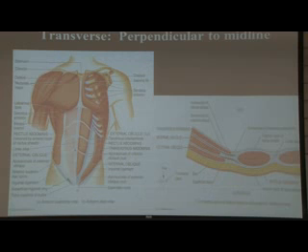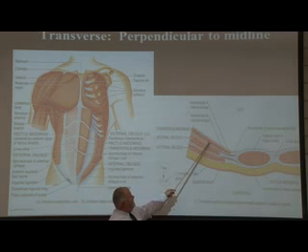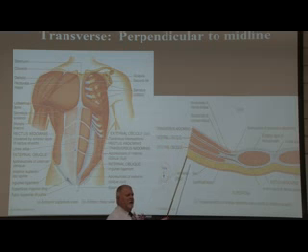There's only really one transverse muscle that's on your list, and it's the deepest of the 3 side muscles of the abdomen. And so it's the innermost muscle, which is the transversus abdominis. So again, it's incorporating fiber direction plus location as a way to describe the muscle.